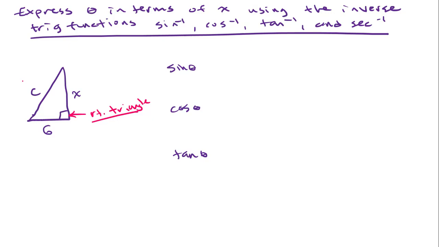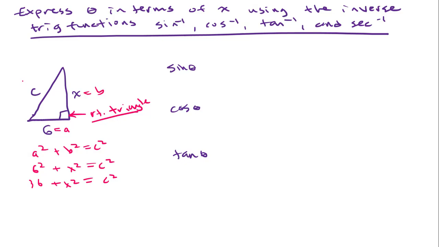The Pythagorean theorem is a squared plus b squared equals c squared, and our goal here is to solve for c. We can let a equal 6 and b equal x. So we have 6 squared plus x squared equals c squared, that's 36 plus x squared equals c squared.